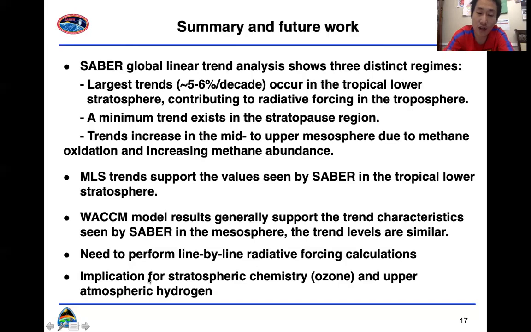We also need to study how the increasing water vapor may impact stratospheric chemistry, like ozone, and also contributions to upper atmosphere hydrogen.